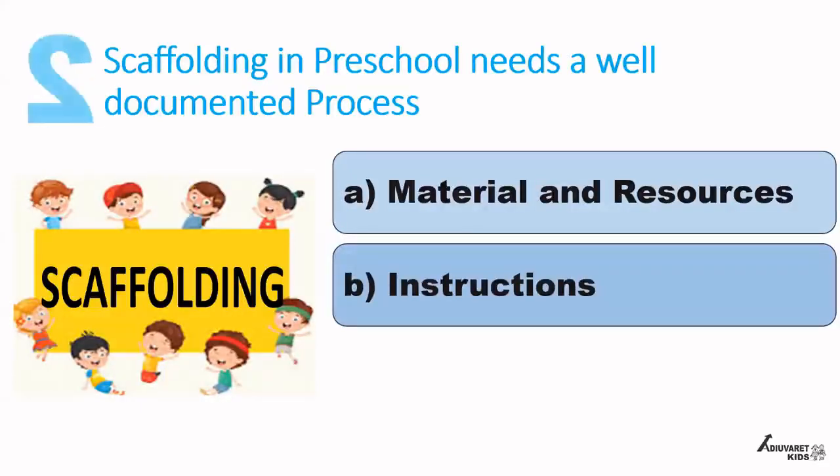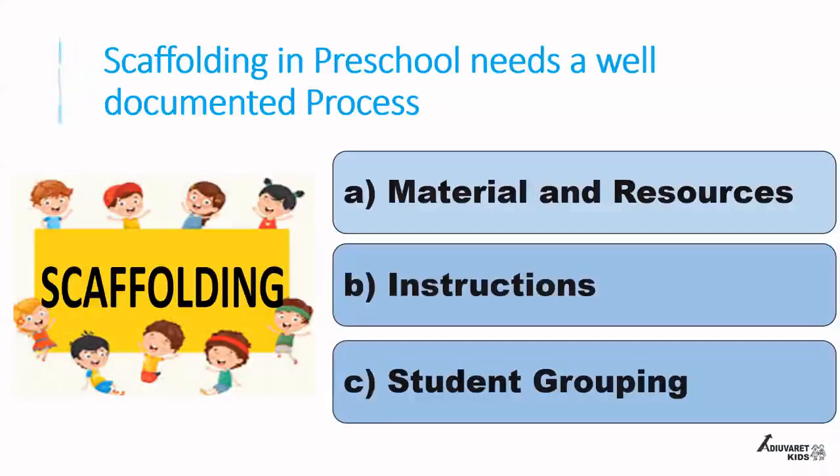But if the instruction is not given properly to the workers, it will be futile to use that structure. So when we have the materials, various art and craft material, various play methods, but the teachers' instruction is not appropriate, then scaffolding fails. Then the children do not learn. So instruction is a very important part of the teacher's role, and therefore it has to be well structured and well designed.